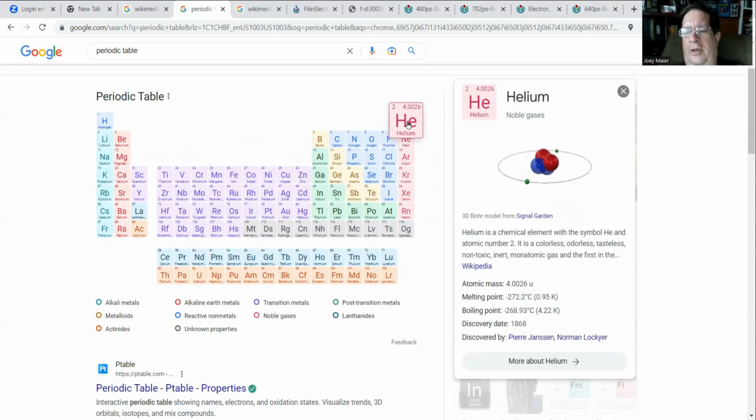Helium, because helium is atomic number 2, it's got 2 protons, it only has 2 electrons, but the outer layer is full, so it's happy. I want to make sure you understand. If you want to think of the noble gases, the ones on the right side here, that column, those are contented atoms. They're happy. Their outer layer is either full or 8. Everybody else wants to be them. Everybody wants to get to full or 8 for their outer layer.